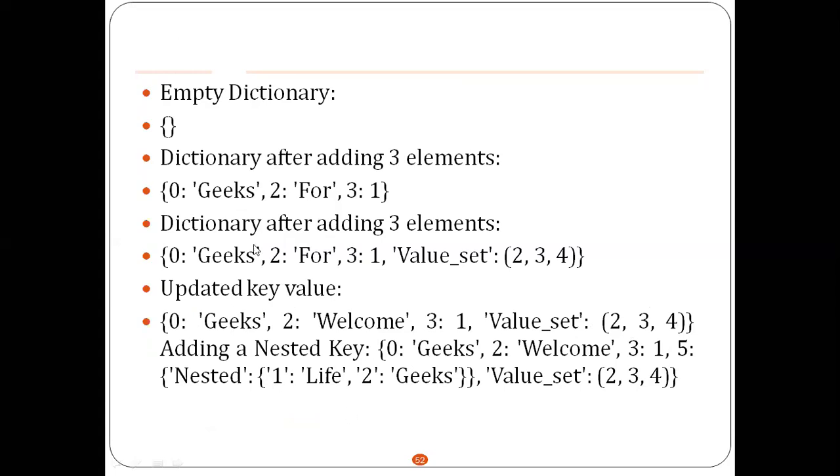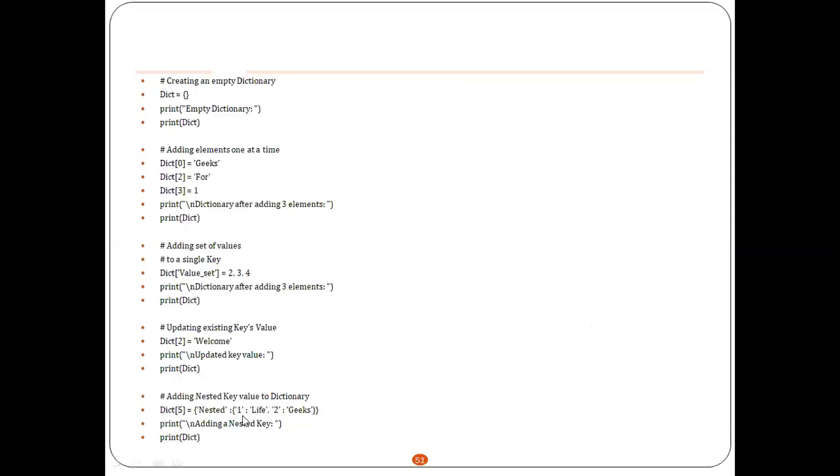And if you want to add a nested key, you can do that. So what you have done is that you have added a nested key called 5. It contains a nested dictionary: nested colon 1 colon life and 2 colon gigs.